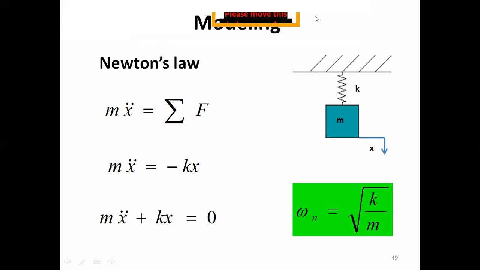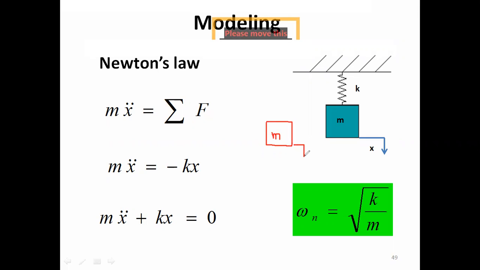So if I draw the free body diagram of the system, we would have this mass, and it is moving in the downward direction. It has displacement x, and the spring force is acting in the upward direction. If the mass is moving in the downward direction, the spring force would be in the upward direction.